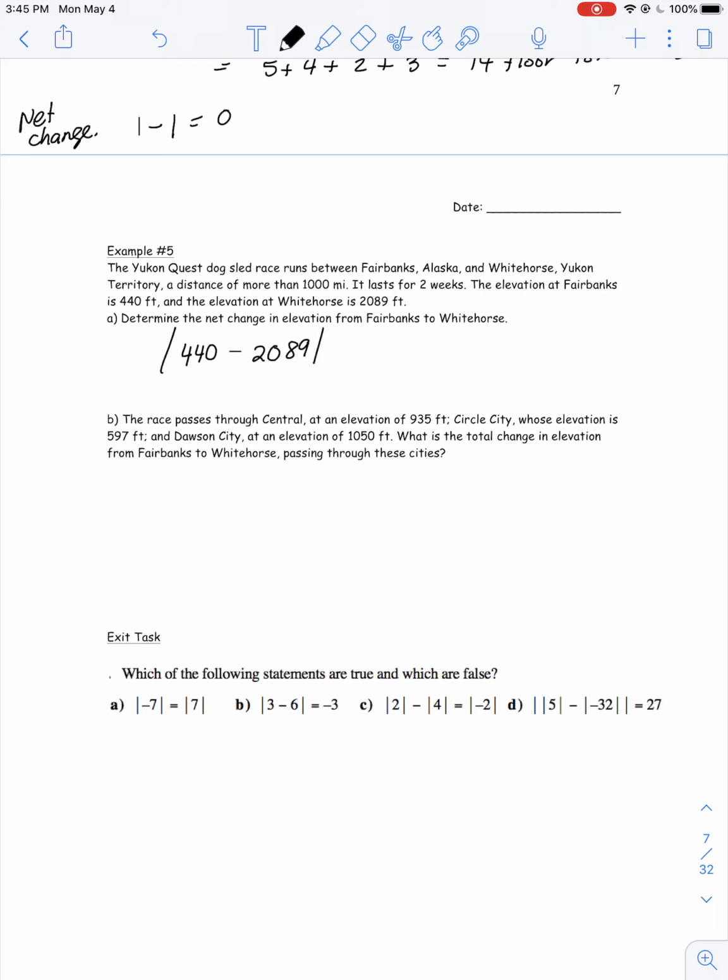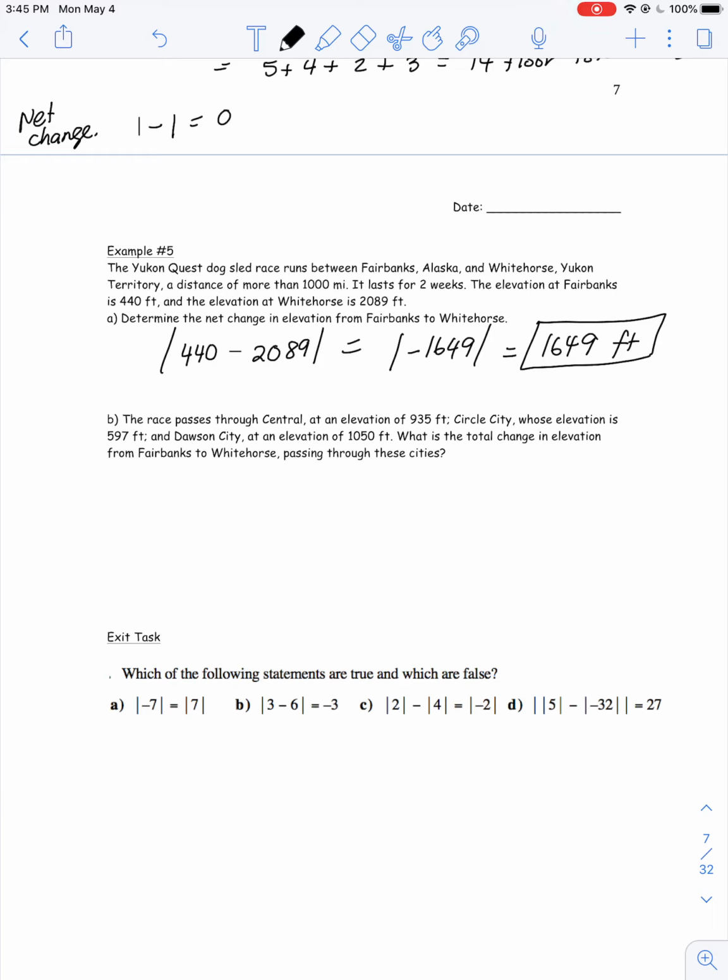So what we can do is we can subtract these two values, and order doesn't matter when it comes to absolutes. So we're just going to put those in absolute values. So we're finding out what 440 minus 2,089 is, and that's going to be absolute of negative 1,649. And so that's equal to positive 1,649, and that's in feet. So that's our net change.